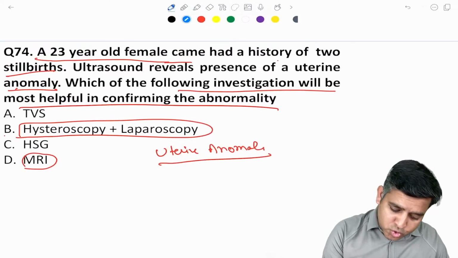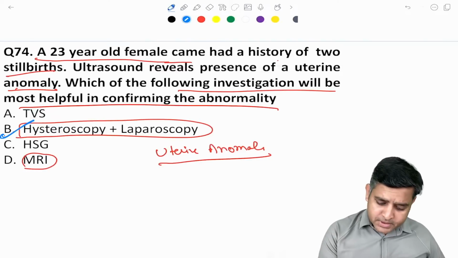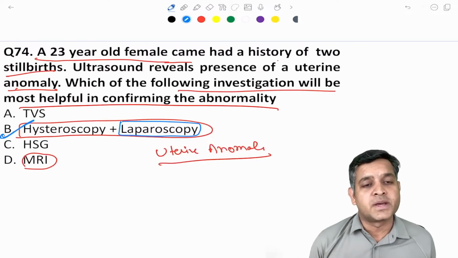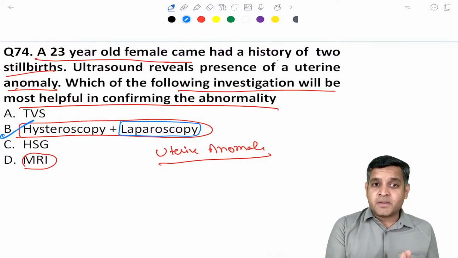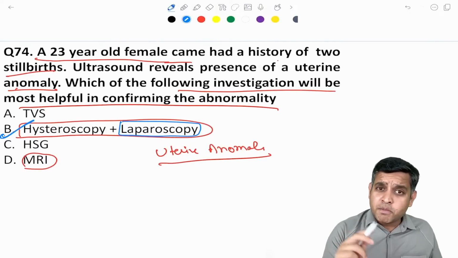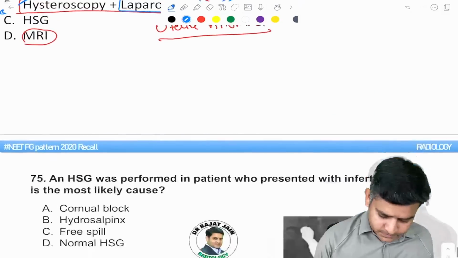Since laparohysteroscopy is given here, I would like to go with laparohysteroscopy. The problem happens when only laparoscopy is given in the choices, or only hysteroscopy. If laparoscopy is given alone, then mark MRI. If hysteroscopy is given alone, then mark MRI. But if laparoscopy plus hysteroscopy is given, then that will be the best answer. Alright.